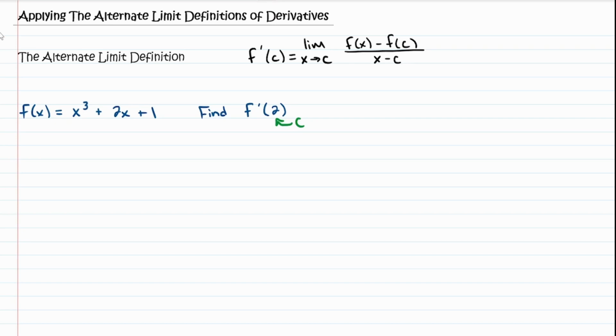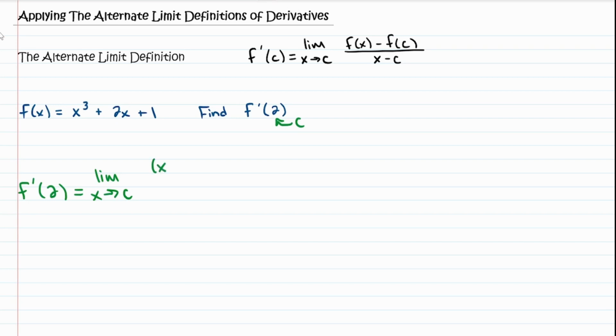Let's start by rewriting. We want to find the derivative. In this case, c is equal to 2. So we're going to take the limit as x approaches c. Note that's different than the regular limit definition where we have delta x approaching 0, right? We have x approaching c in this limit definition. And let's go ahead and leave f of x the same for our first one because we're just looking at f of x.